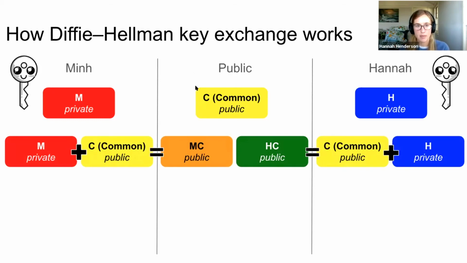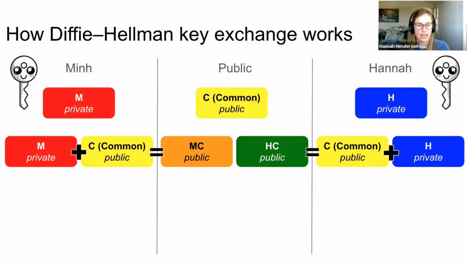Someone watching in the public space may be able to realize that because the common key is yellow and the resulting color here is orange, they might be able to figure out that Min's key is red, but they don't know how much of the key was added. So she could be at any saturation level of red. They don't know. And that is also true with my green public key that's shared here.